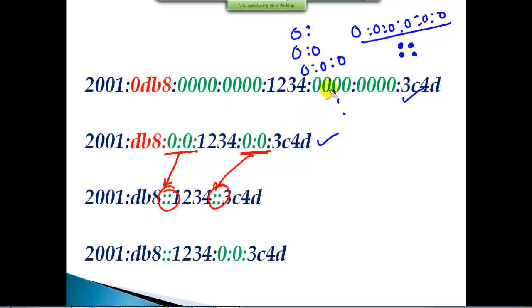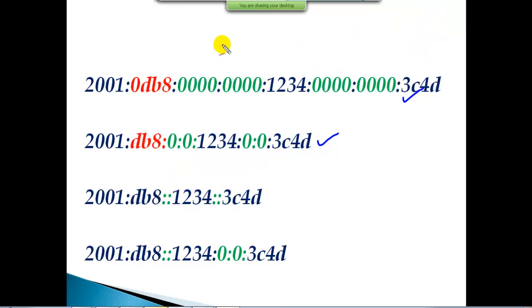So don't think that if you have 2 0 portions you have to write 2 colons, and for 3 0 portions, 3 colons. It's not like that. Whatever the number of 0 portions you have, you just need to write a double colon. So even if you have 7 0 portions, like 0 0 0 0, we just write it as a double colon.